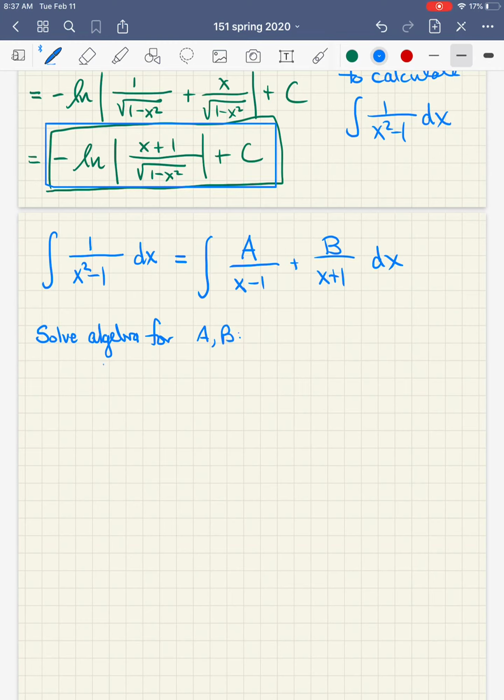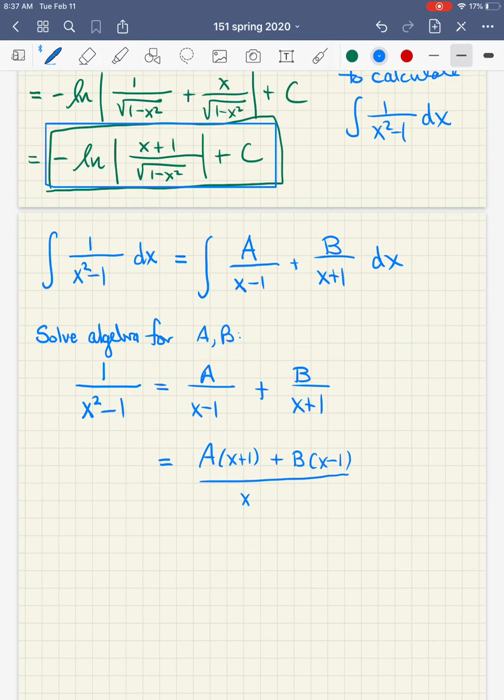Okay. So what we want is for 1 over x squared minus 1 to be equal to a over x minus 1 plus b over x plus 1. If I get a common denominator on both sides, then on the left it's going to be a times x plus 1 plus b times x minus 1, and I'm just going to get 1 on the other side.